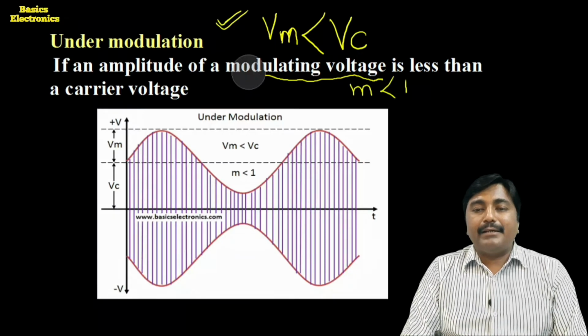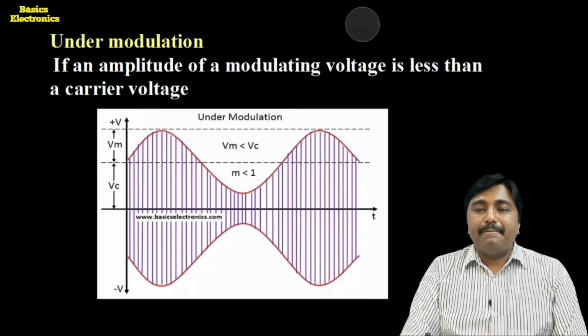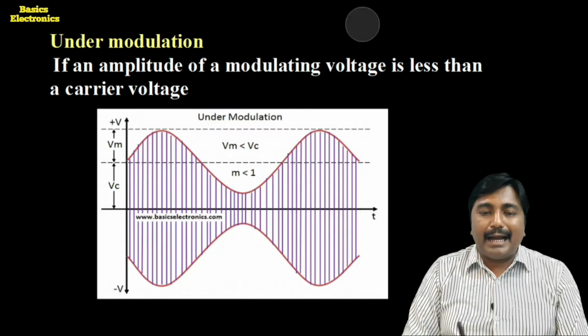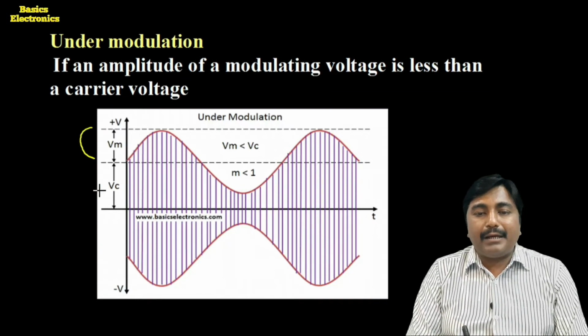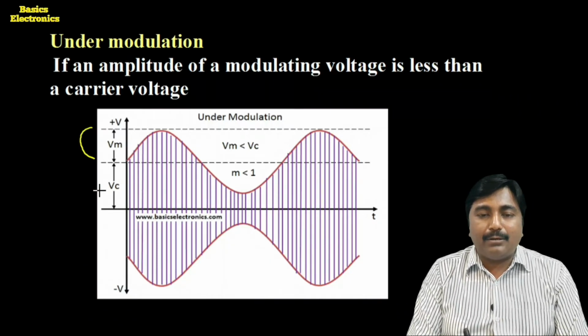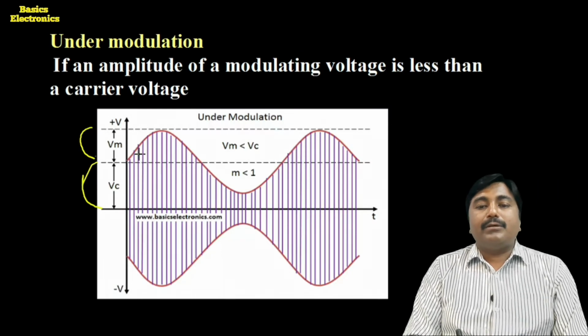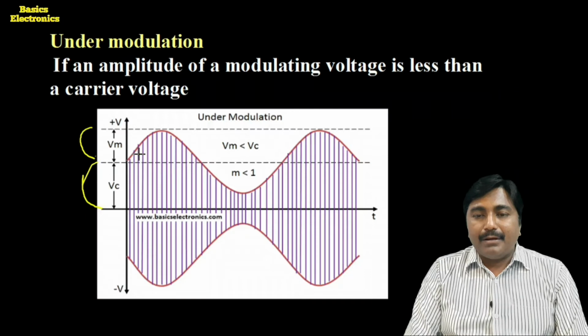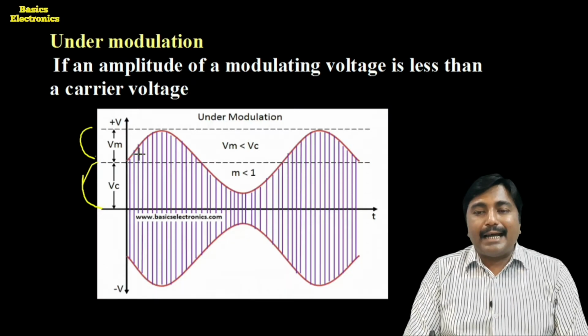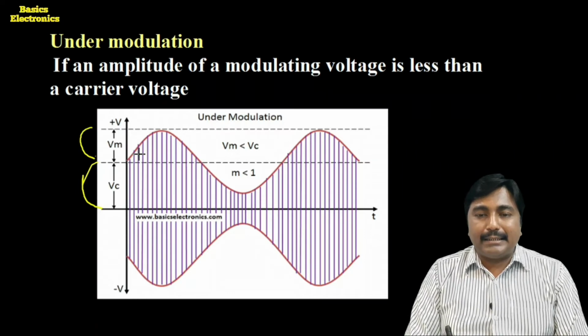And if you see the waveforms drawn below, here we get the value of Vm and the value of Vc. So the peak voltage of the modulating signal Vm is less than the peak value of the carrier signal.